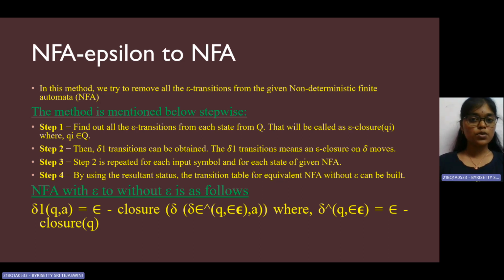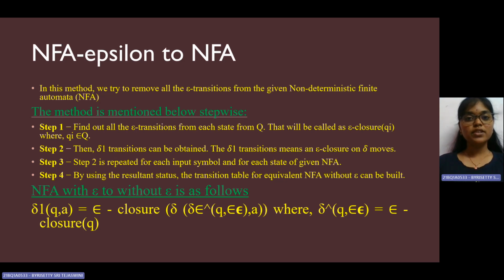Once the epsilon closure is found, it is kept aside, and step 2 is to obtain the delta 1 transition. The delta 1 transition means the epsilon closure of the delta moves. So from the diagram, the transitions can be obtained. Step 3: step 2 is repeated for each input symbol and for each state of the NFA.